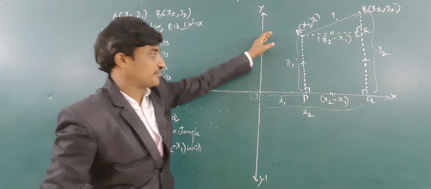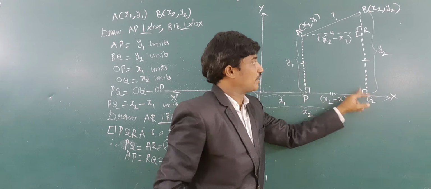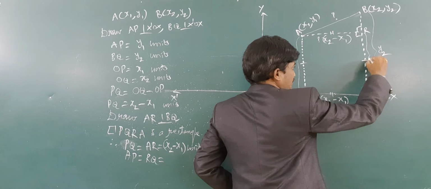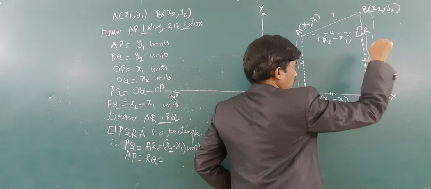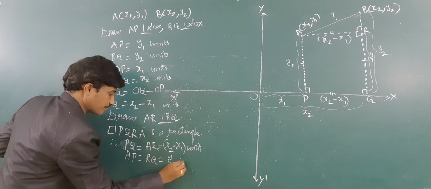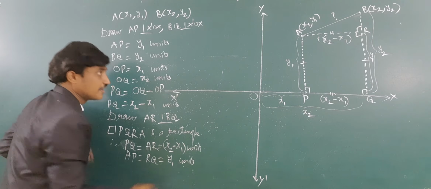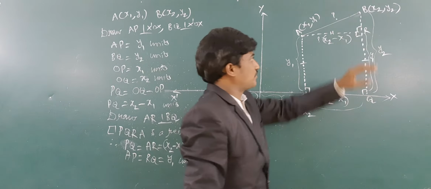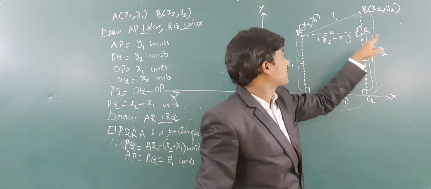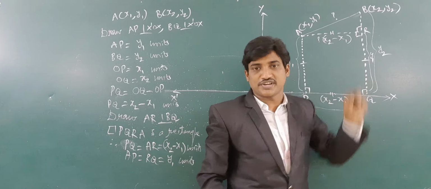As AP length is y1, RQ length is also y1 units. It is very clear. Now here BQ is y2 units, RQ is y1 units.